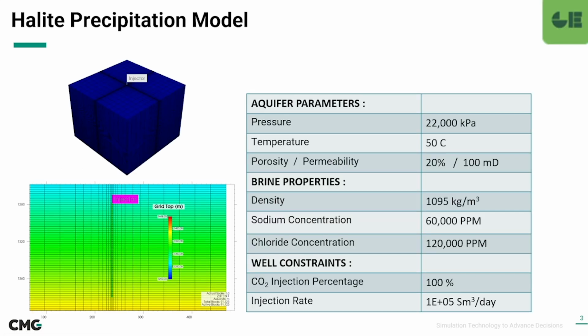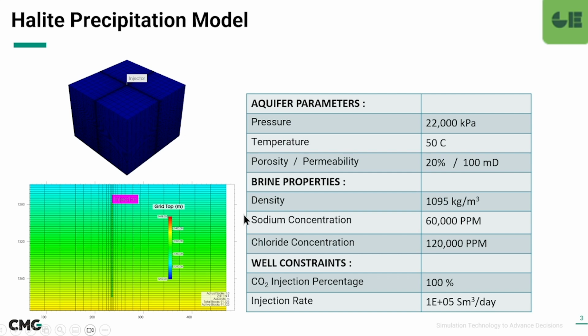So we start with the base GEM model for CCS in aquifer. The aquifer parameters are reported here in terms of pressure, temperature, porosity, and permeability. This is a synthetic box model with an injector well in the middle. Here we have also a cross-sectional view of the injector well.